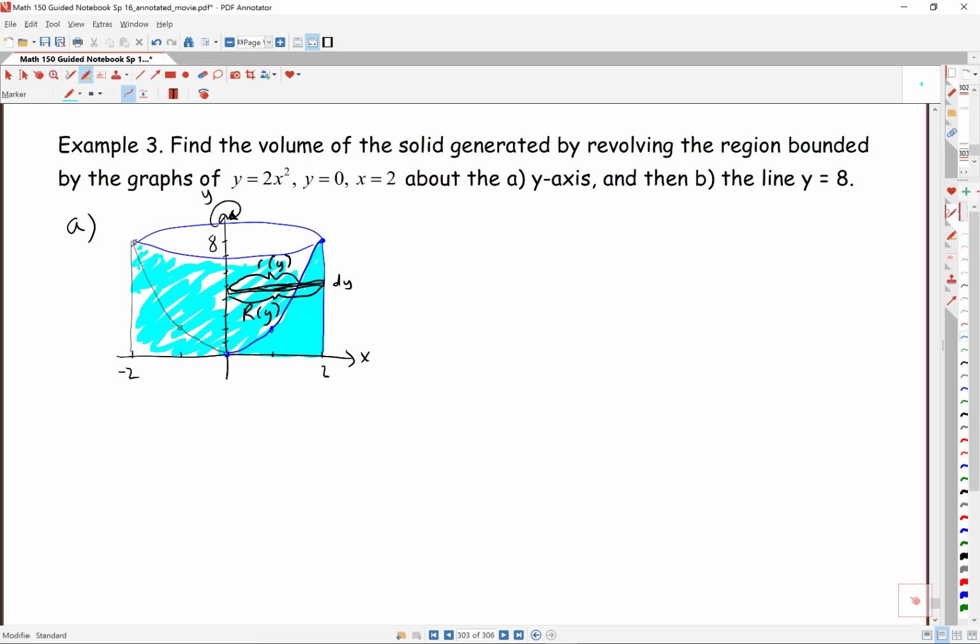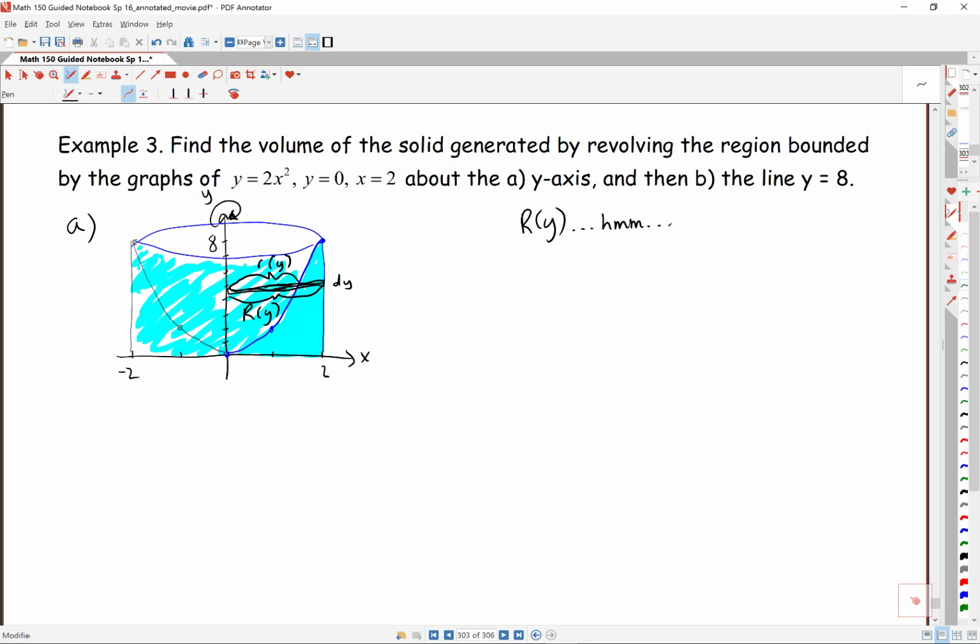What did we find? Our capital R of y, what are we going to have to do? Everything is in terms of y equals some function of x, right?